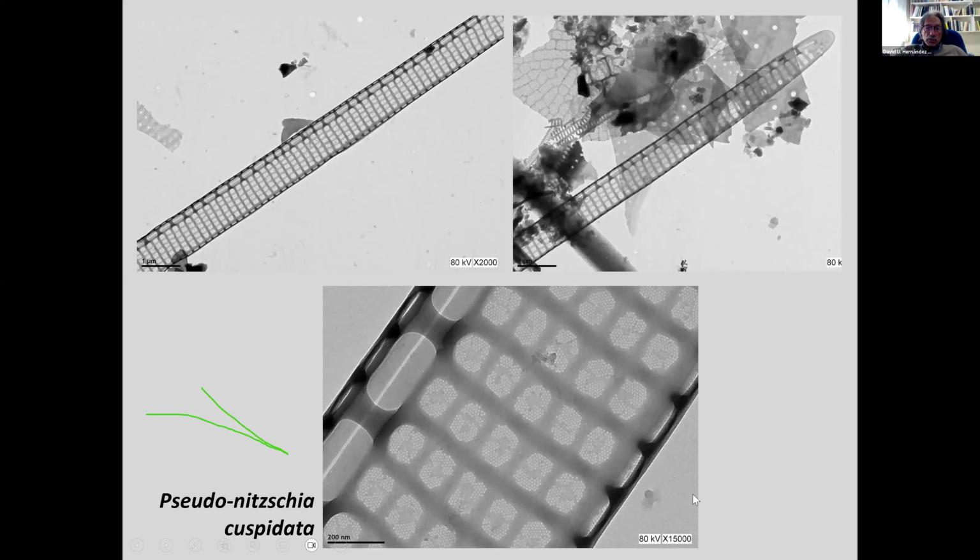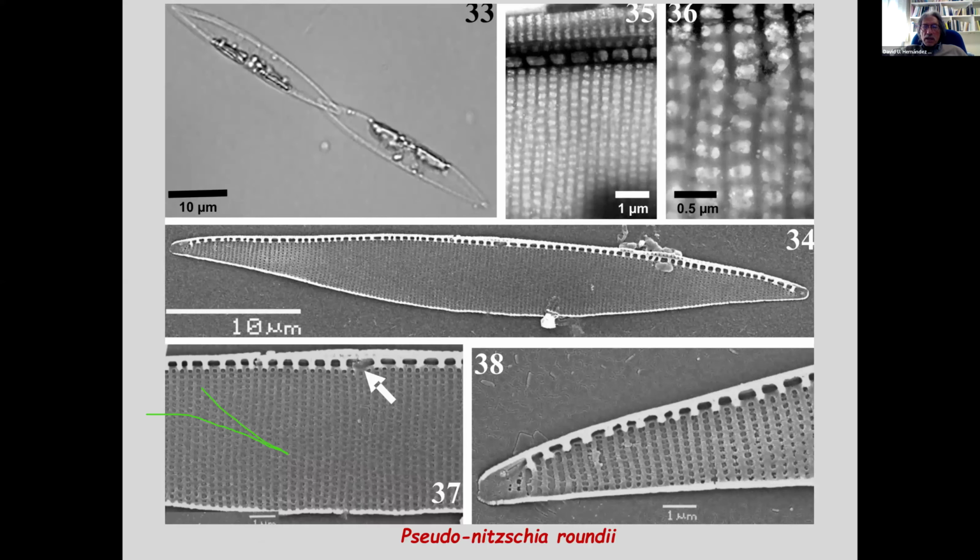So it is also considered to be toxic, this Pseudo-nitzschia cuspidata. And some time ago, we described a new species of Pseudo-nitzschia in the Gulf of Tehuantepec. This was dedicated to Professor Frank Round in the University of Bristol.